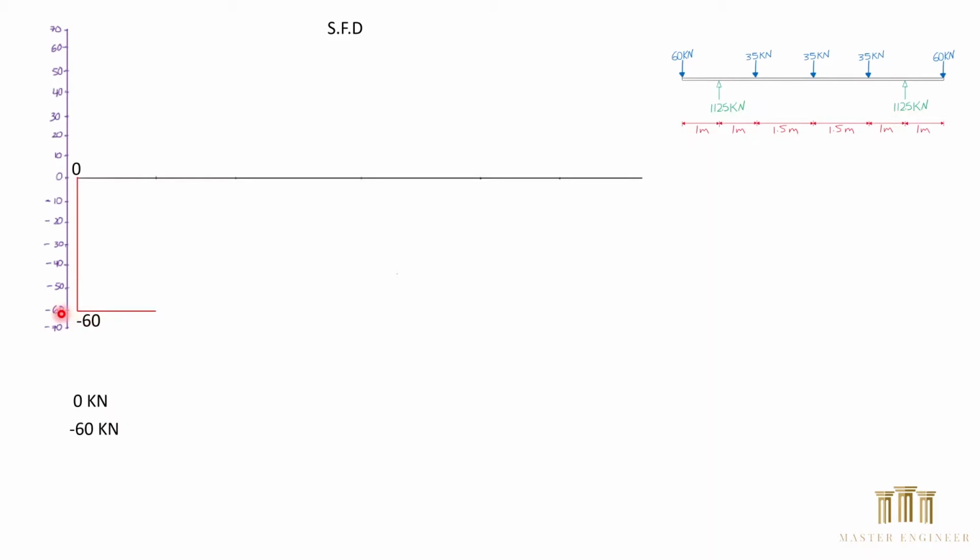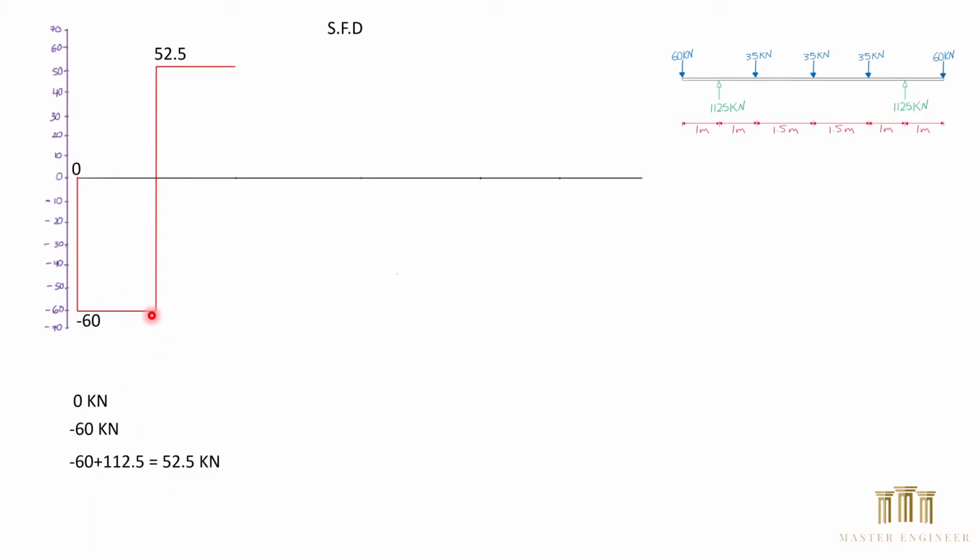The shear force is constant until we come across the support reaction at point A, which is 112.5 kilonewton. So we have minus 60 here. As we said, this is constant. Then we come across the 112.5 kilonewton acting upward, which is positive. That will give us 52.5.